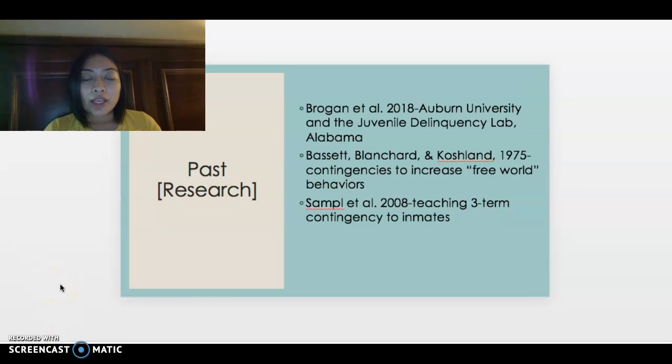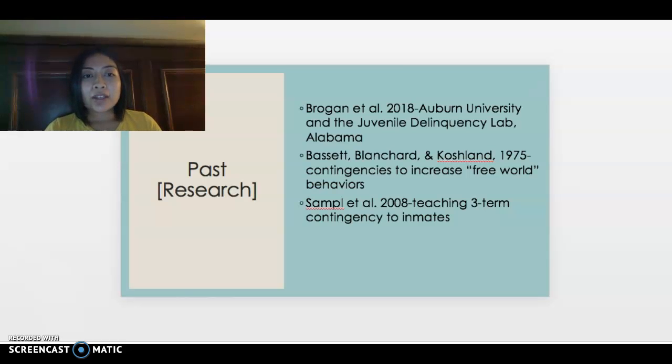In 2008, there's a research article in which Sample and his colleagues taught the three-term contingency to inmates, and these inmates were able to use the three-term contingency in their regular life in incarceration, and they were able to use this to decrease aggressive behaviors and be able to see what in their environment is setting them off.